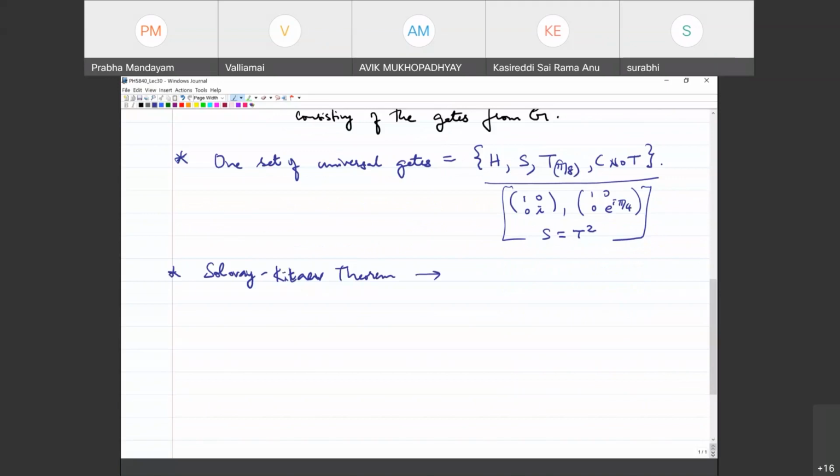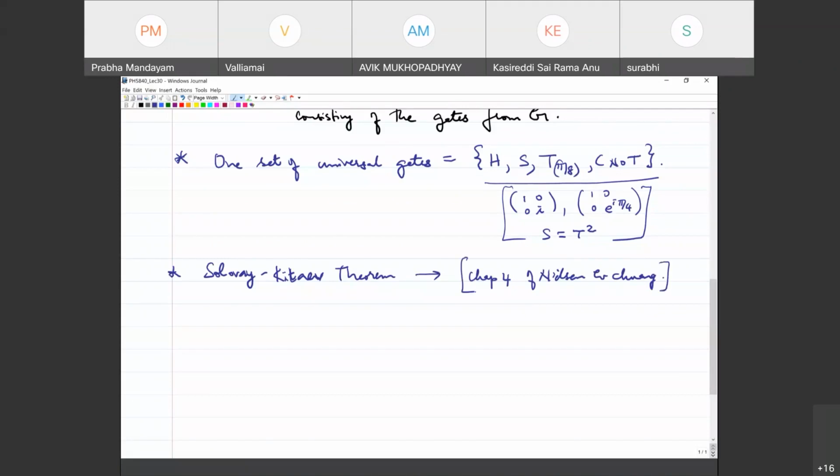Again, I'm just going to refer you to chapter 4 of Nielsen and Chuang, where they have a detailed argument. Unfortunately, we don't have time to cover this in detail, but it's a very nice argument.